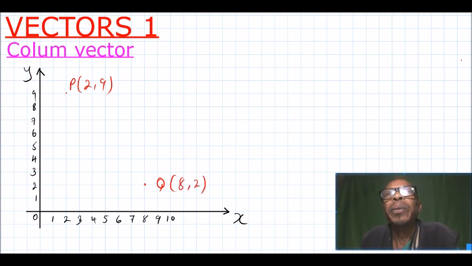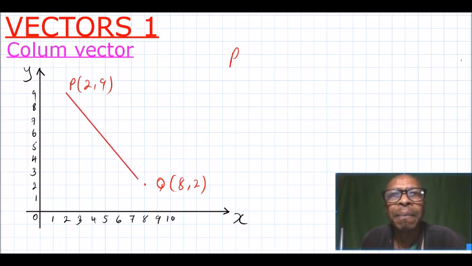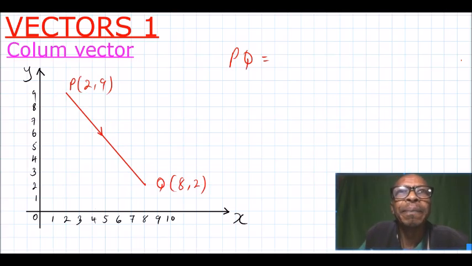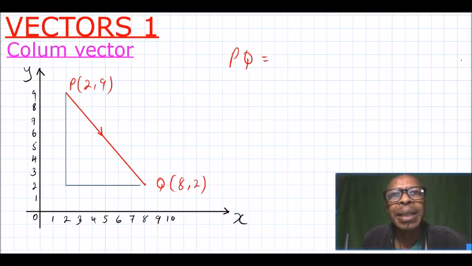Now, when we get PQ, we join the 2 points to come up with a vector, and this is the direction of the vector. So PQ is equal to, we draw the components. That's the x component, and this is the component of y. We can get the units here. For x, it is 1, 2, 3, 4, 5, 6.